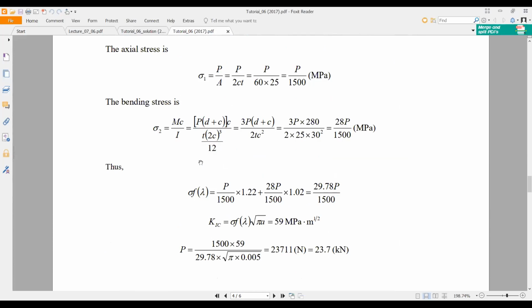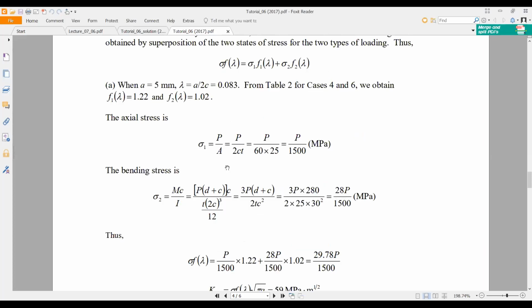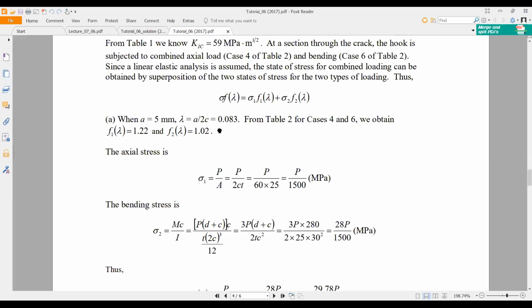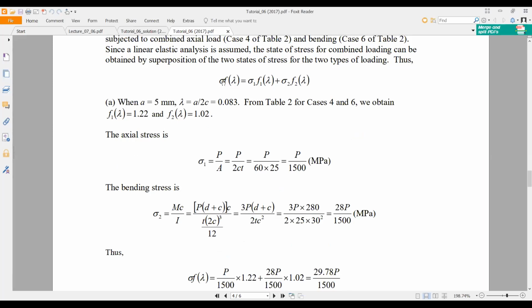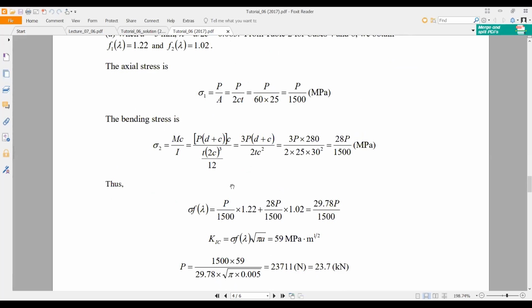So you substitute the relevant values and find the bending stress. It is also given in terms of P. Then you already found the sigma value, with the relevant F function.